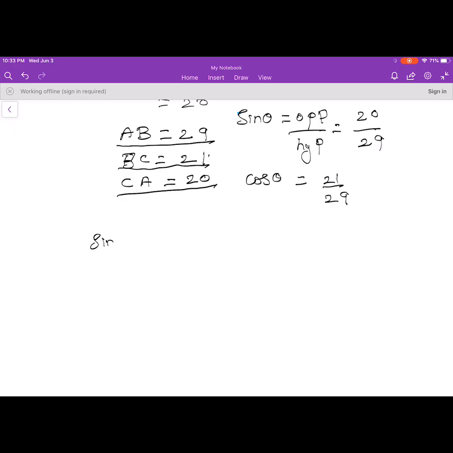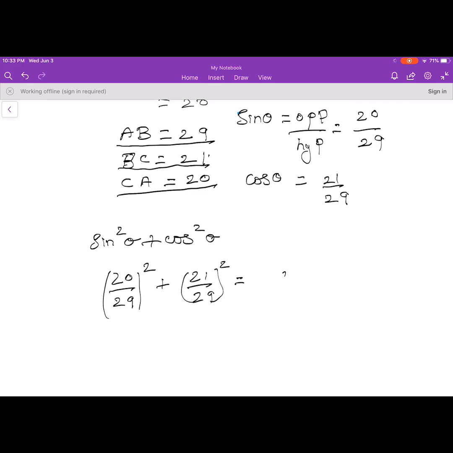Sin square theta plus cos square theta. Sin square theta is (20/29) the whole square plus (21/29) the whole square.